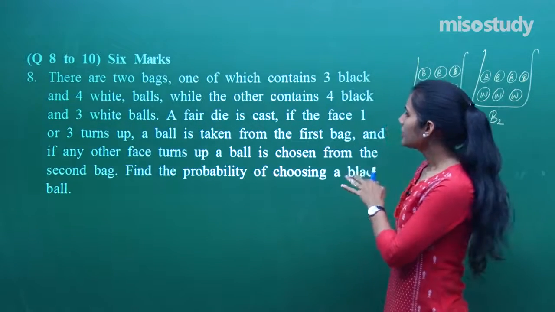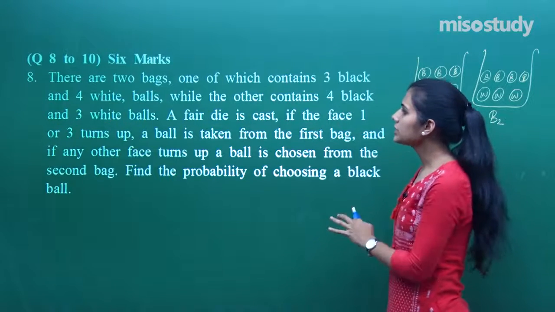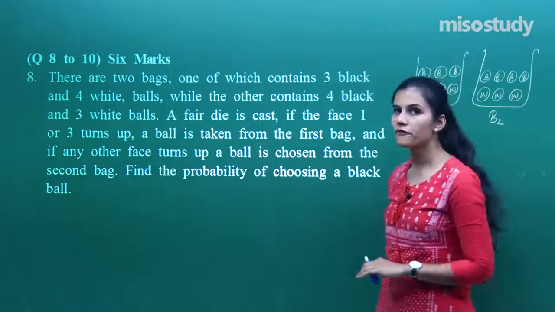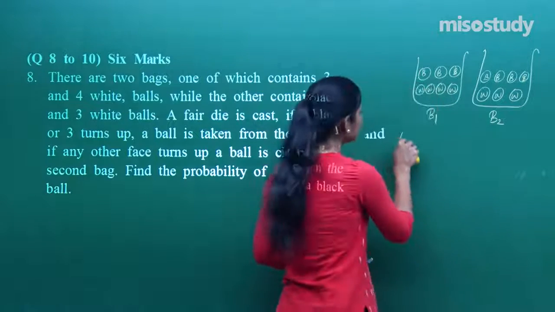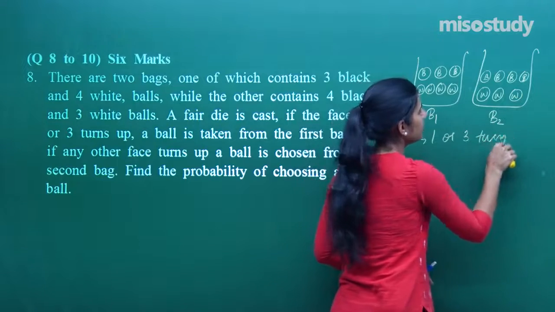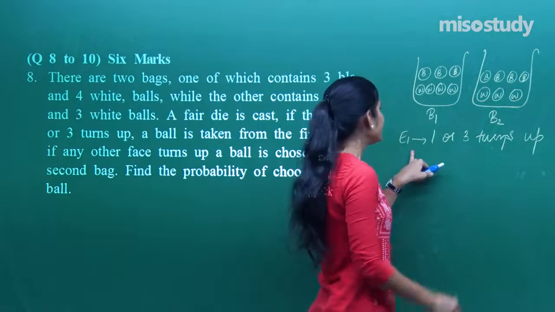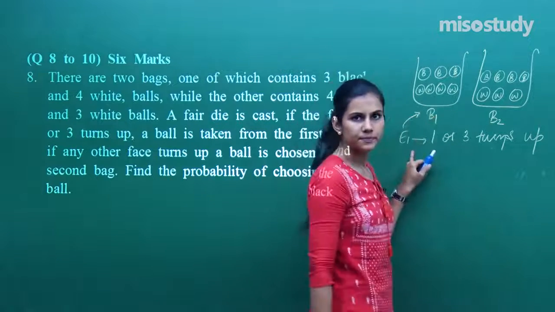Now it's said that a fair die is cast. If the face 1 or 3 turns up, a ball is taken from the first bag. So event E1 is 1 or 3 turns up when you toss the die. The moment event E1 occurs, bag 1 is chosen.